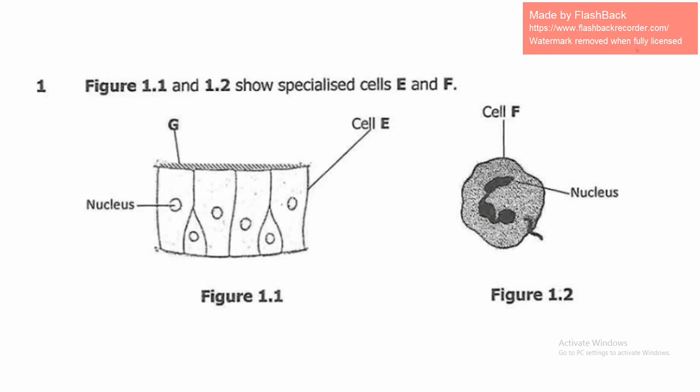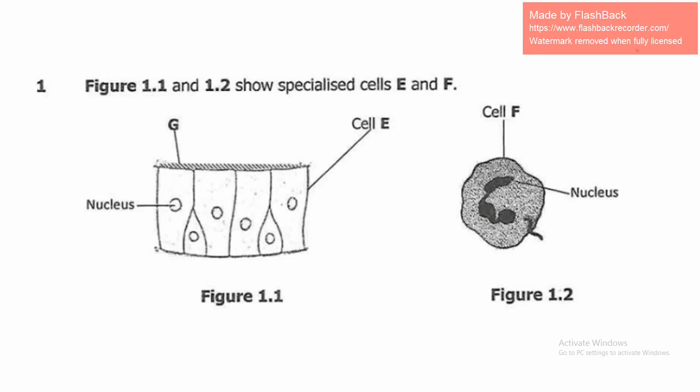Okay, so let's look at this question. The question reads, figure 1.1 and 1.2 shows specialized cells E and F. As I have always been saying, it is very important to understand the question first before we even attempt.